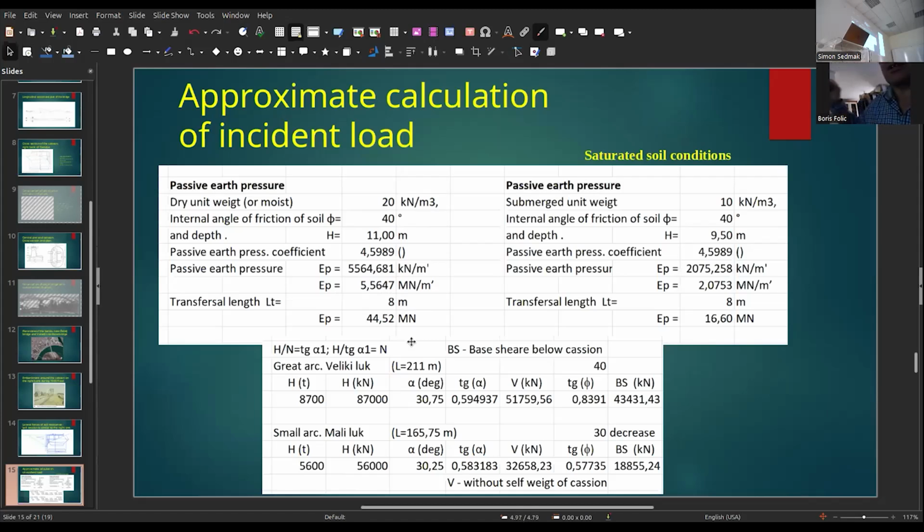which is activated with a reinforced concrete diaphragm.